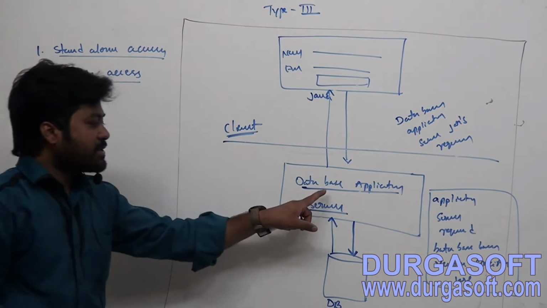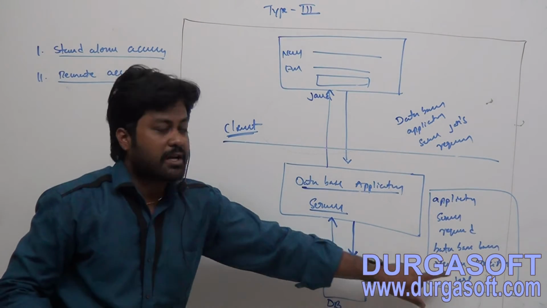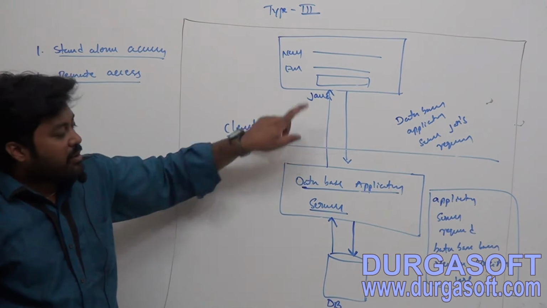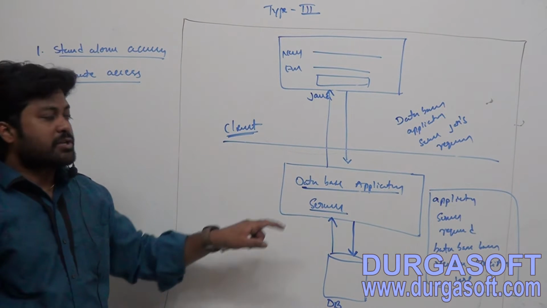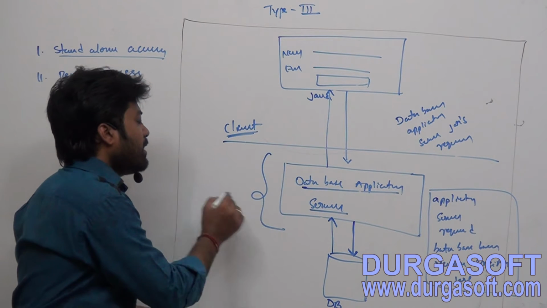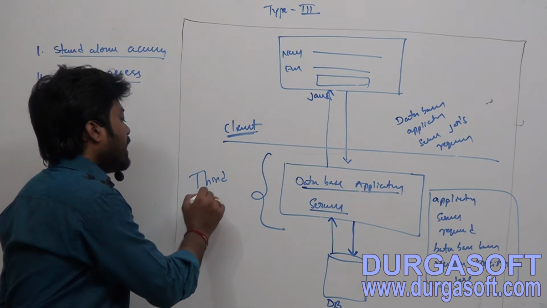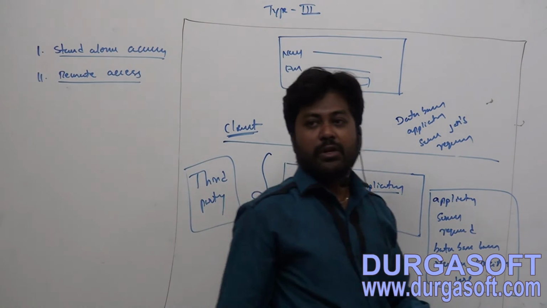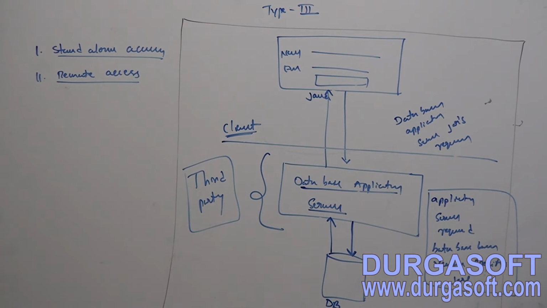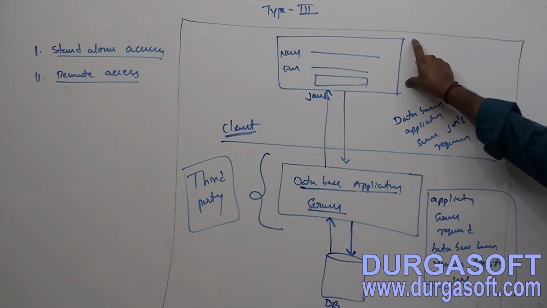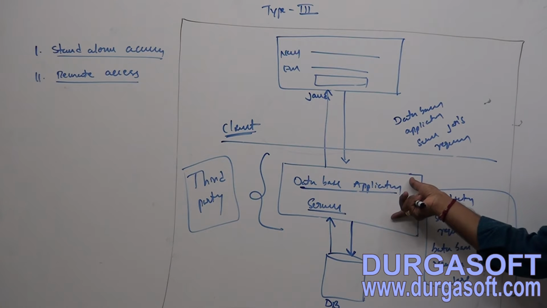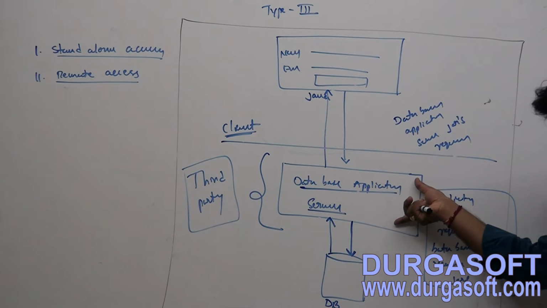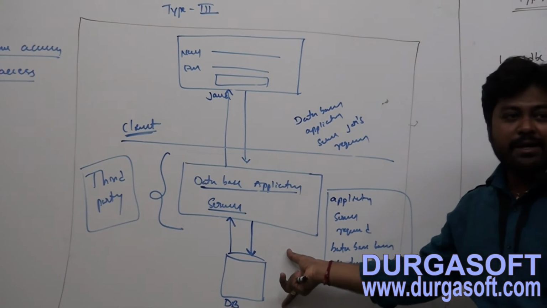So the application server has a dependency on database jars, and your application has a dependency on the database application server. So then this one will behave like a third party here. In case of type 3 driver, your Java application needs to access a third party database application server. Then this database application server will make calls on the database.